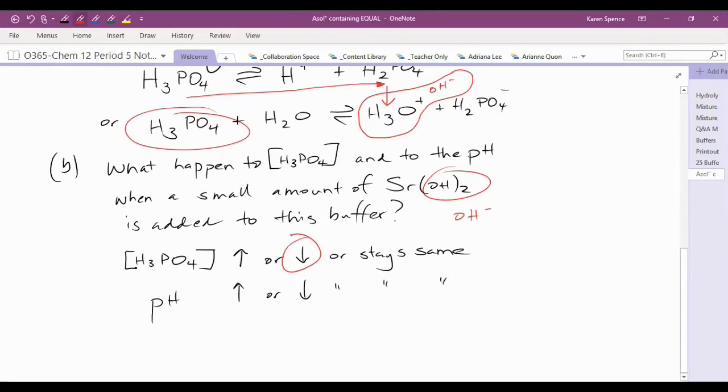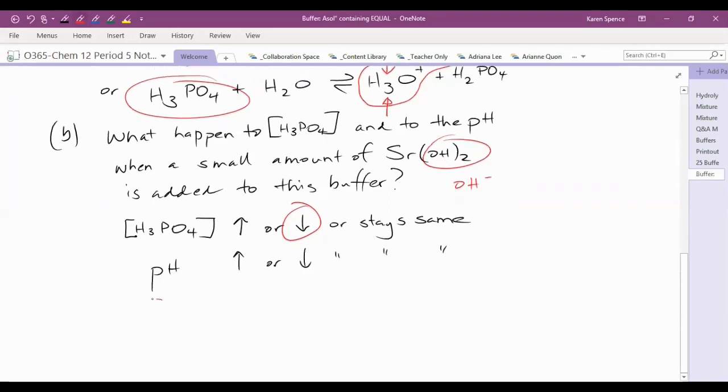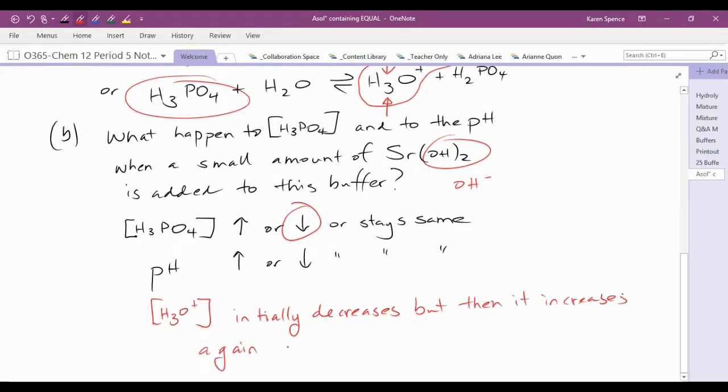Now, to get at what happens to pH, we need to look at what's happening to the H3O plus. The concentration of H3O plus initially decreases, right? Because we added that OH minus and it reacted with the H3O plus. So H3O plus initially decreases, but then it increases again as the system shifts to the right.